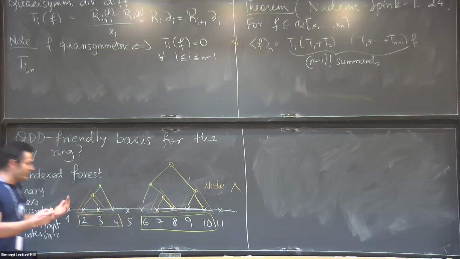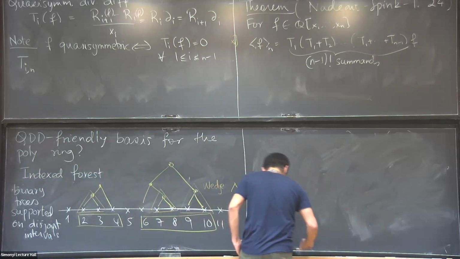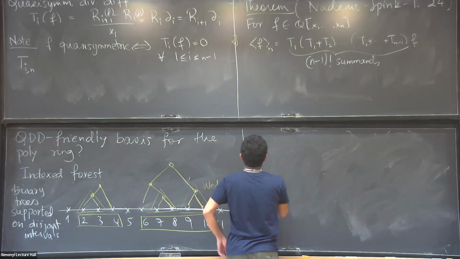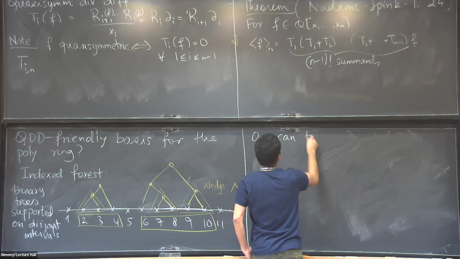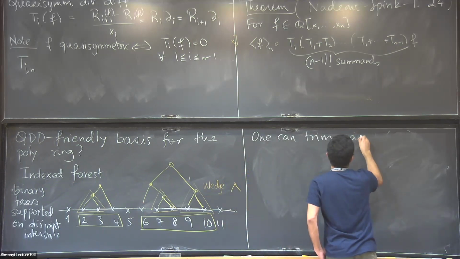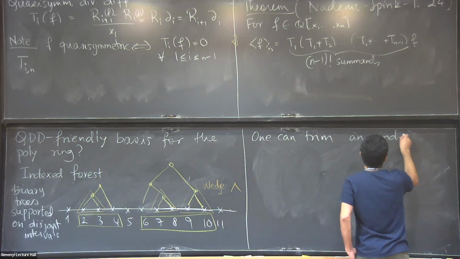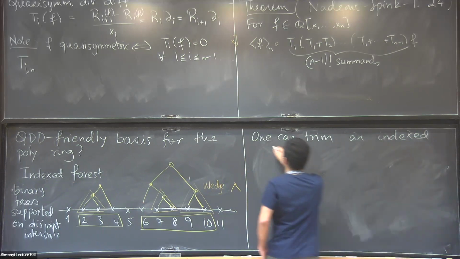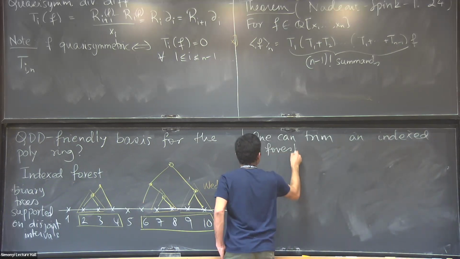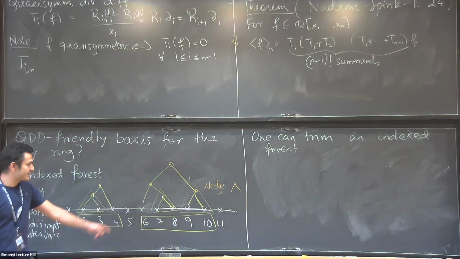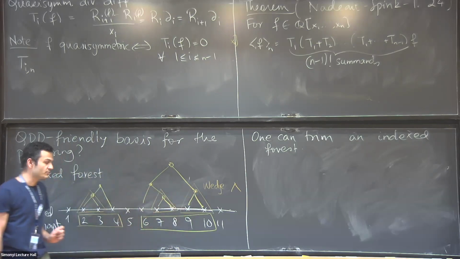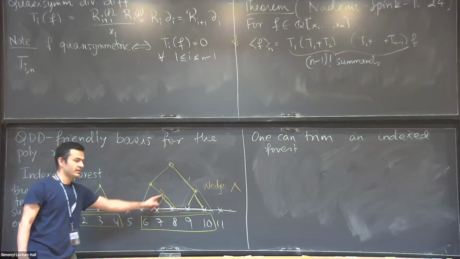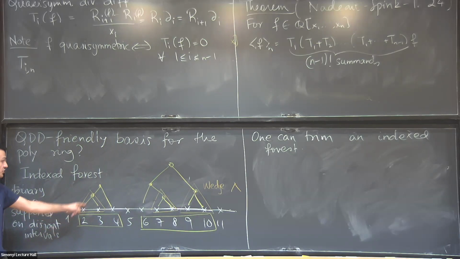What I can do is a trimming operation as follows. One can trim an indexed forest. And what does this trim do? I specify the wedge by the label of its left leaf. So I can trim at 9, that will be this wedge, at 7, that will be that wedge, and at 2.